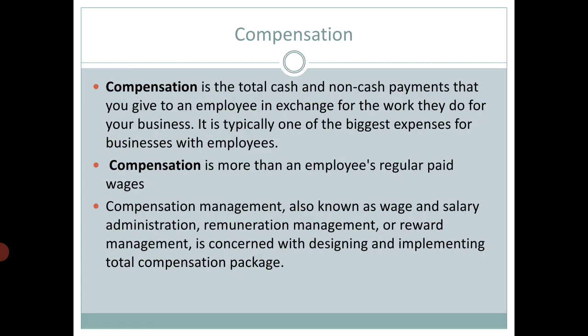So you assign a task to the employee, and the employee completes the task within the duration which you have given to him.